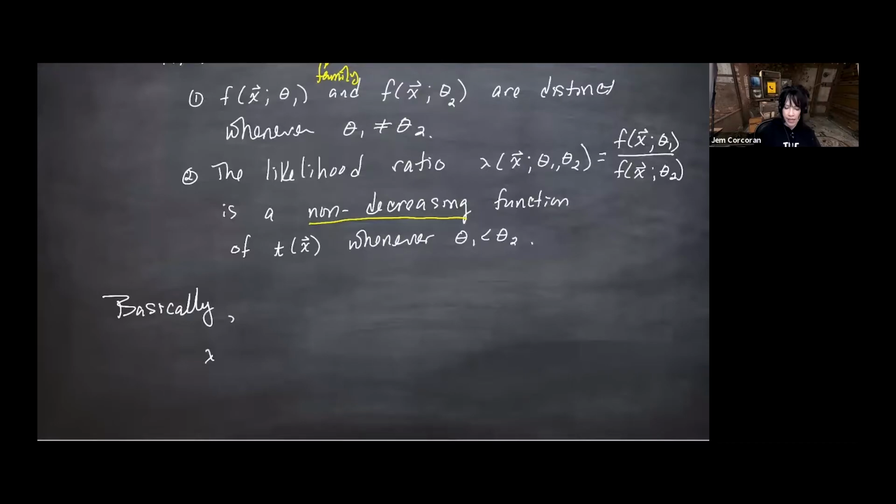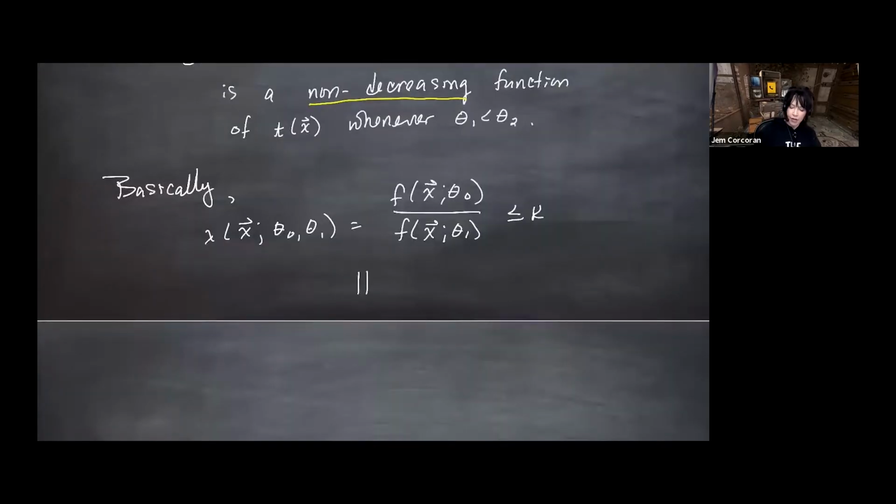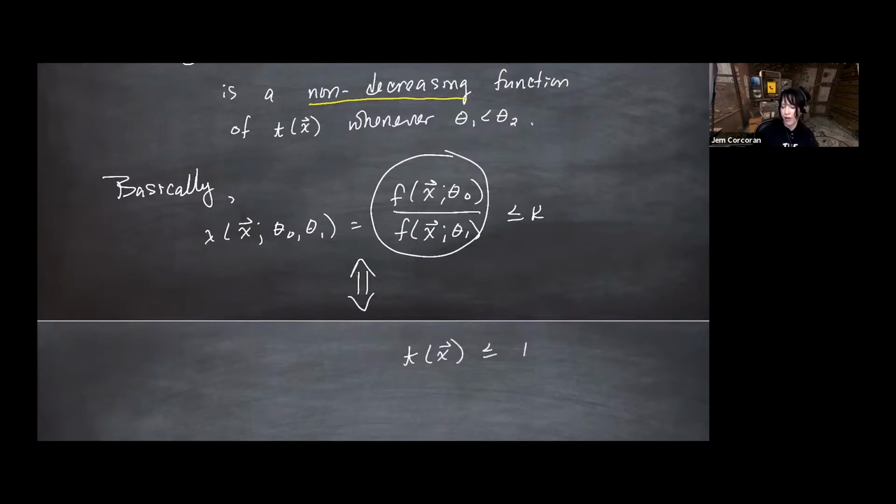The likelihood ratio lambda that you would consider in a hypothesis test is less than or equal to k if and only if, I'm claiming, that if this is an increasing function of t, then this is equivalent to saying that t of x is less than or equal to some k1.